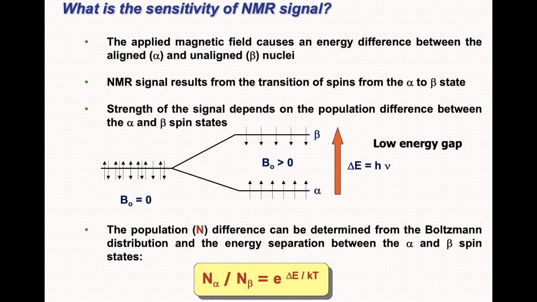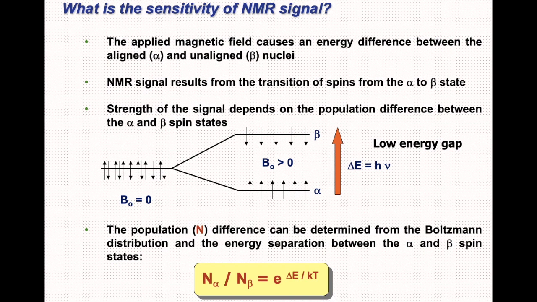That means in the alpha spin state you see 20 lakh 6, whereas in the beta state you see 20 lakh. So the difference is only 6 population. This 6 population actually causes the NMR transitions and the corresponding signal in the NMR spectrum.